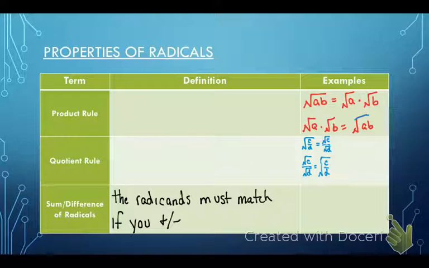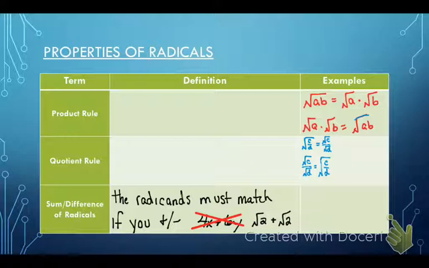You all are accustomed to, like if we have 4x plus 6y, can we add those two together? No, why not? They don't have the same variable, right? It works the same way with a radical. If you're going to have the square root of 2, if you want to add or subtract, you better have the square root of 2 back here.